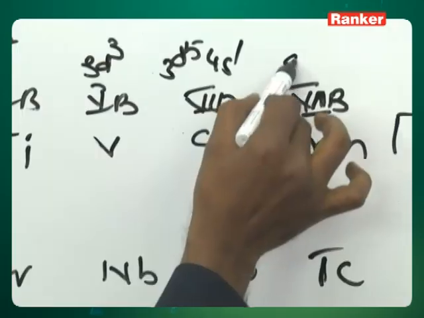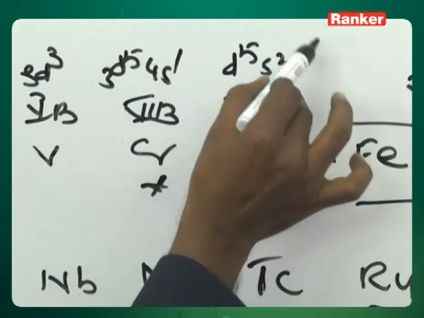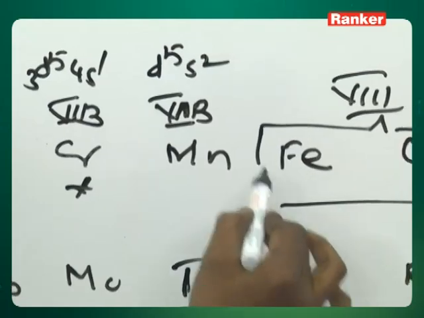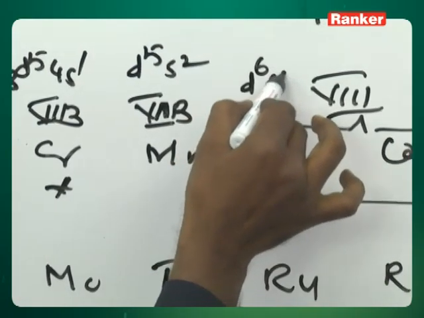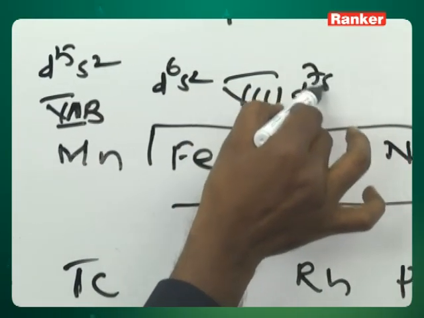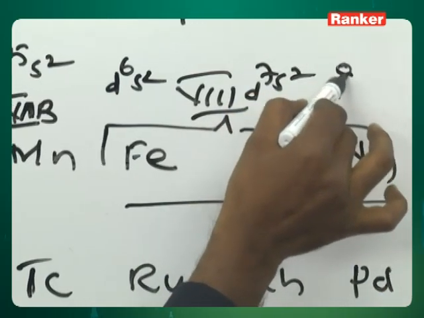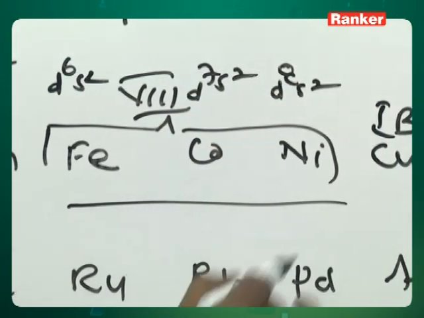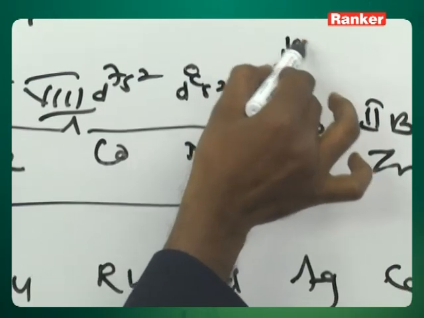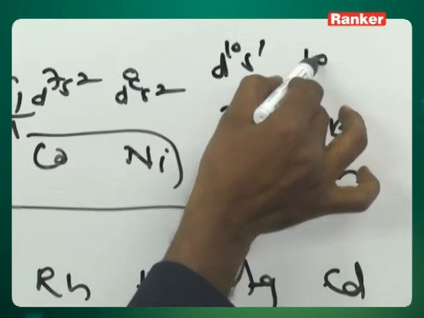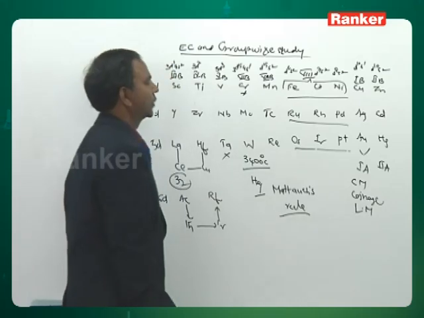Next manganese is d5 and again s2. Iron is simply d6 s2. This is d7 s2. This is d8 s2. In the case of copper, it is d10 s1. This is again d10 s2.